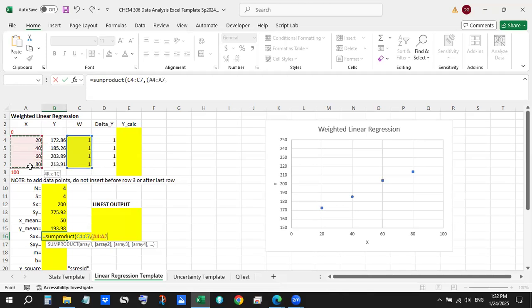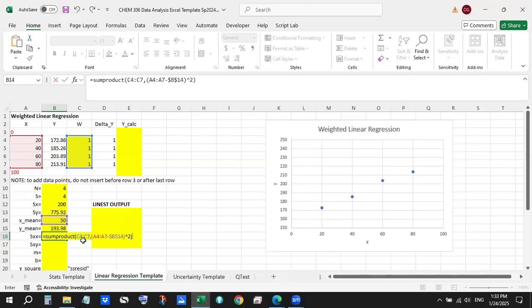X values minus the mean X, and then B14. Let's make that absolute to make sure that it's the same number that's subtracted from all of them. Close parenthesis, then caret 2 to square it, and then close parenthesis.